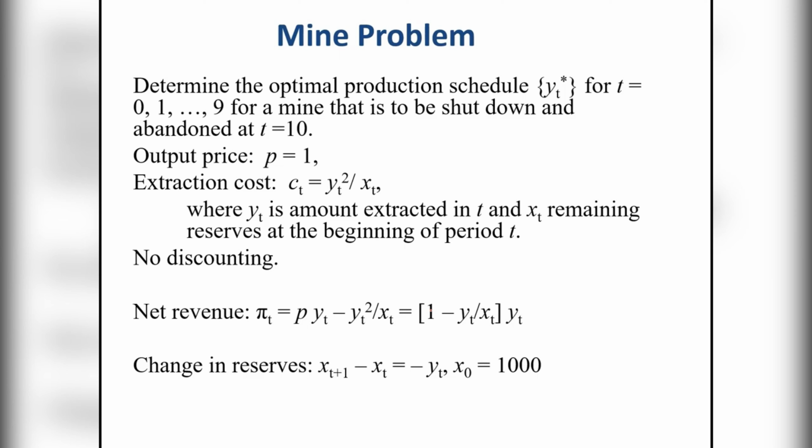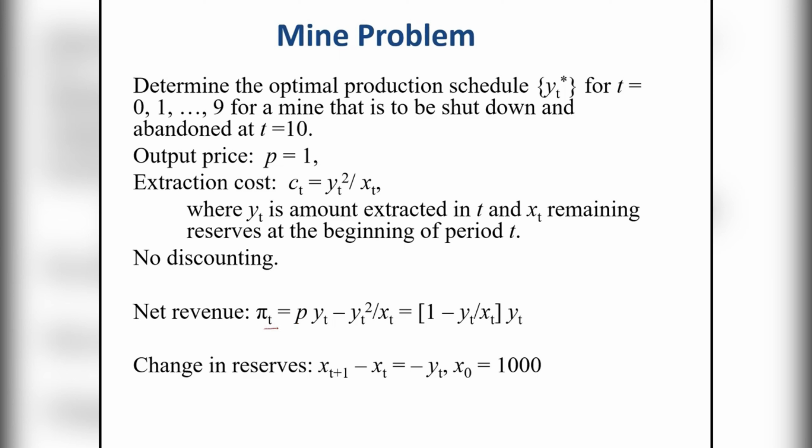So as xt falls, the cost goes up, and as you increase the amount of ore you remove in any period of time, any year, then the cost goes up as well in a quadratic. We assume no discounting just for convenience, and we define net revenue. Let me see if I can find my cursor here.